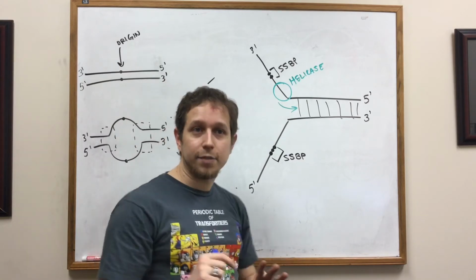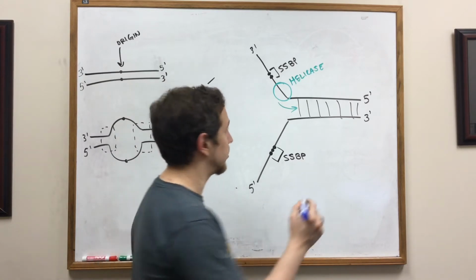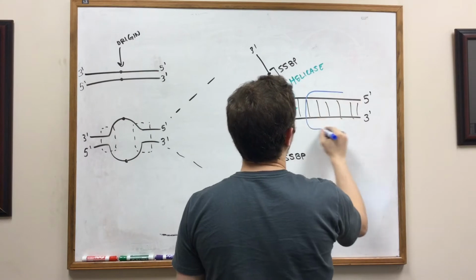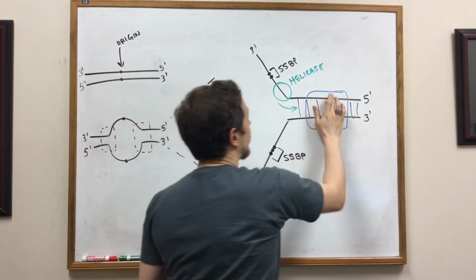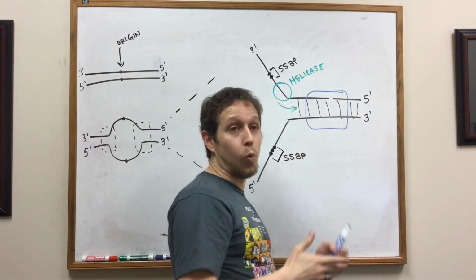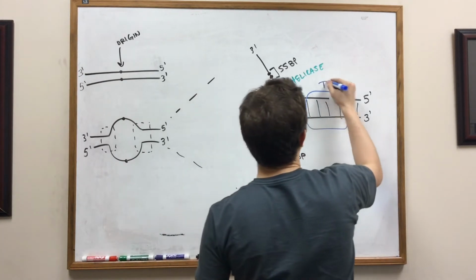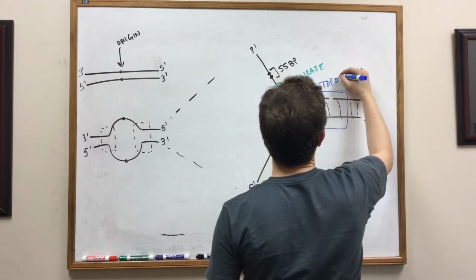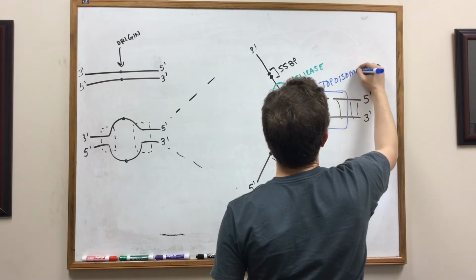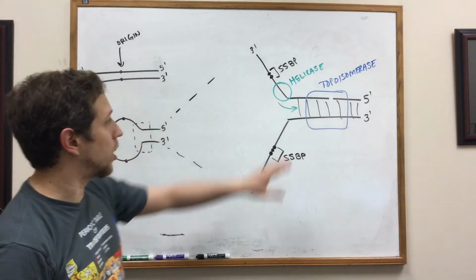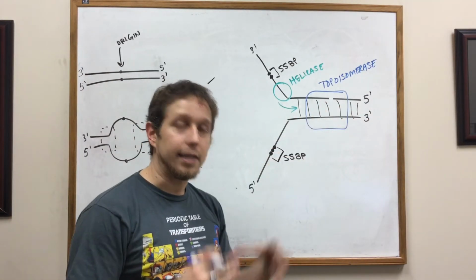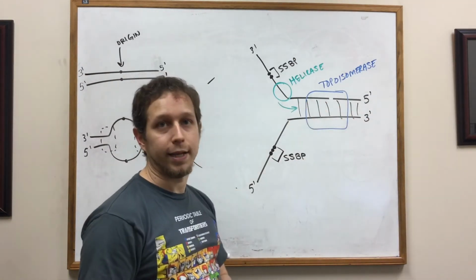So there's a class of molecules called gyrases that are responsible for binding to this DNA here and cutting it and rearranging it so that it doesn't overwind. The one that is used in our book is more specifically called Topo Isomerase. The purpose of Topo Isomerase is to cut the DNA, reorient it, and prevent it from overwinding.